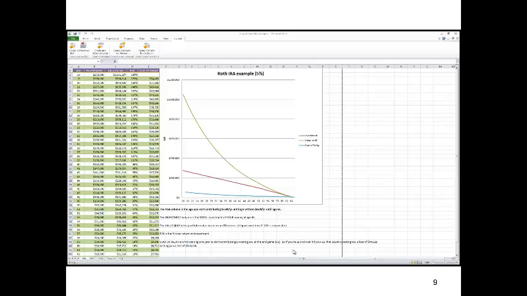Compound interest, what that means is, as opposed to simple interest, like if somebody loans you $100 and they say they want 10% interest on it over a year, you would give them their $100 back plus $10. That would be 10%.